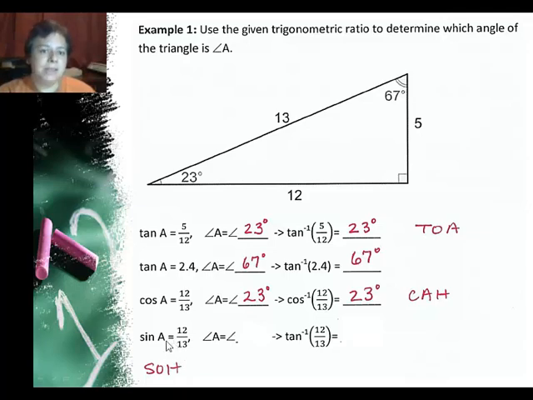Then finally, the sine of angle A is 12 over 13. Sine is opposite over hypotenuse. And remember, you can use your math chart. You don't have to memorize these, but it is helpful if you do. So if the opposite side is 12 and the hypotenuse is 13, that means that angle A, in this case, is 67 degrees.